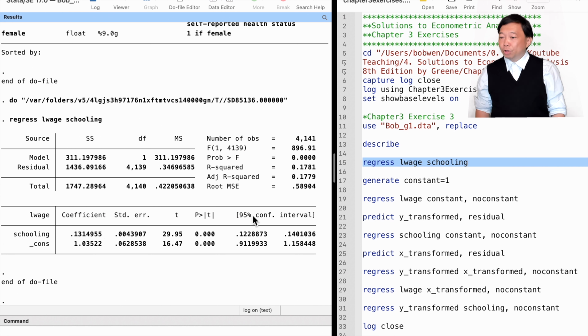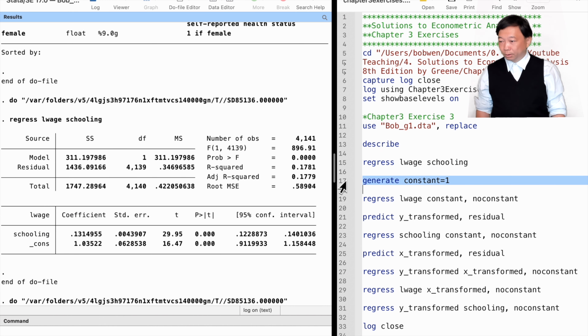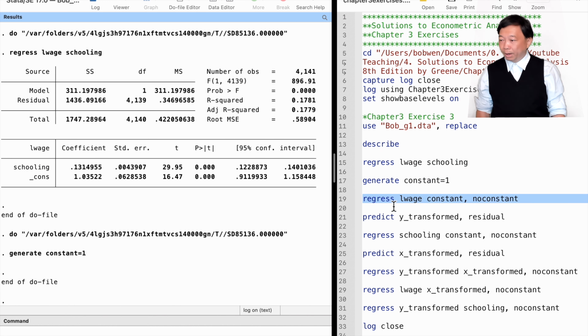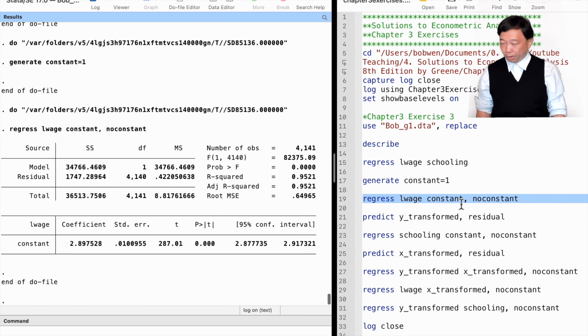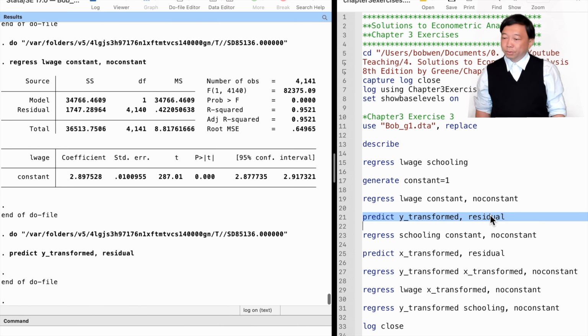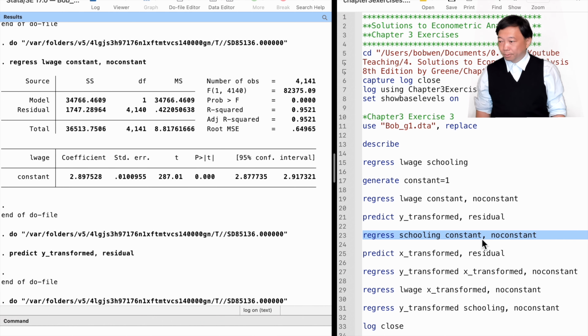Then we generate a constant vector of ones and regress log wage only on the constant. We store the residuals, which is the transformed y. Similarly, we obtain the transformed x.